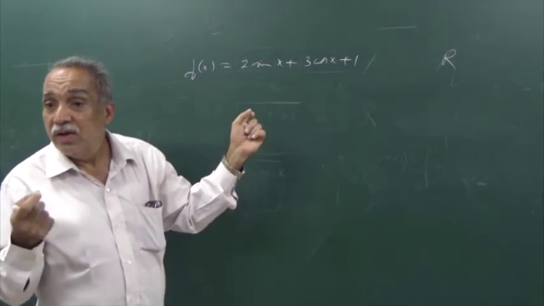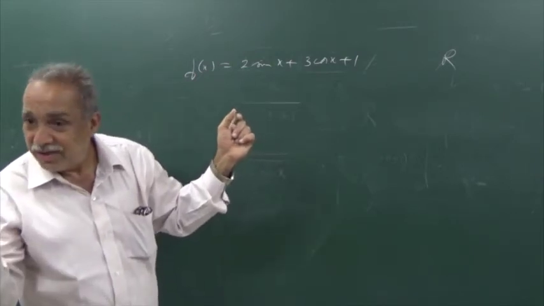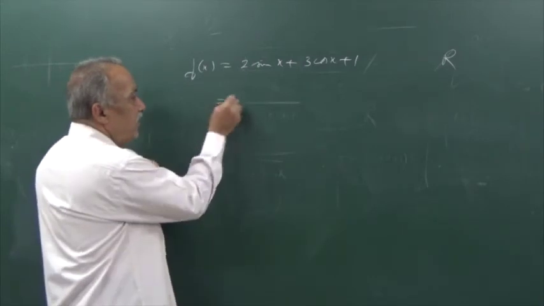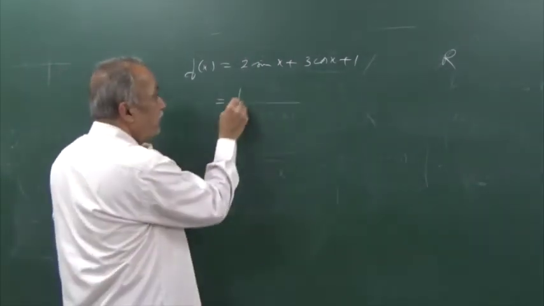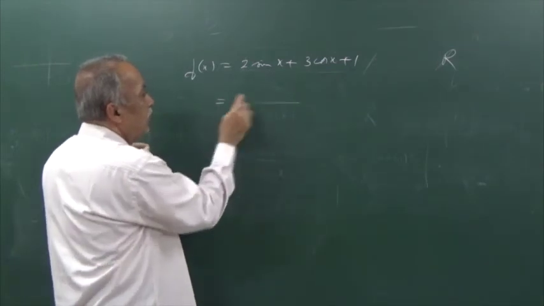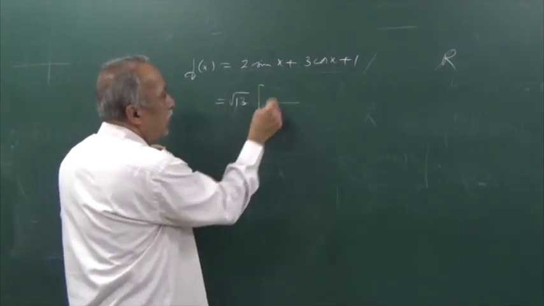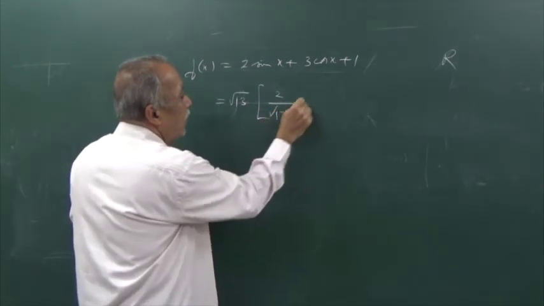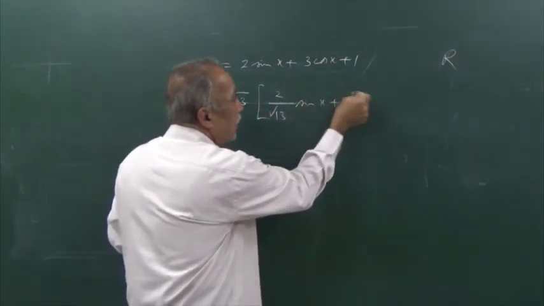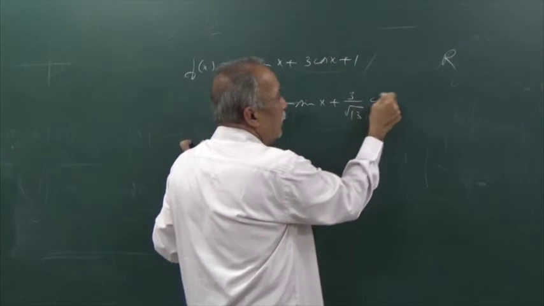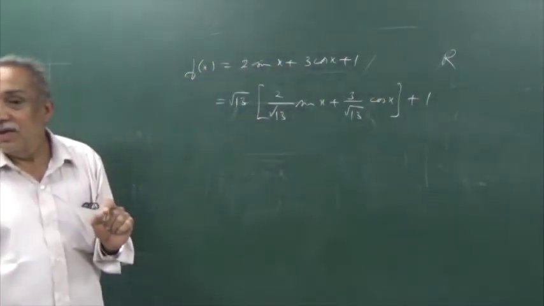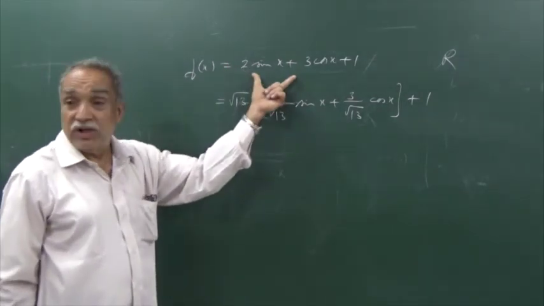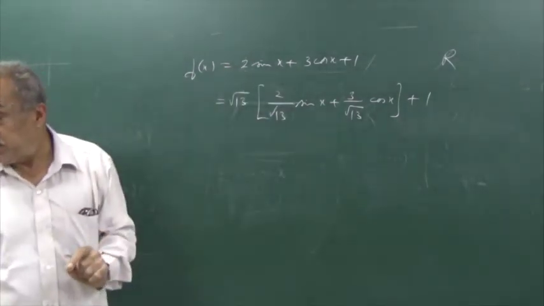Divide and multiply by root 13. Our expression was an expression of the form a sin x plus b cos x.